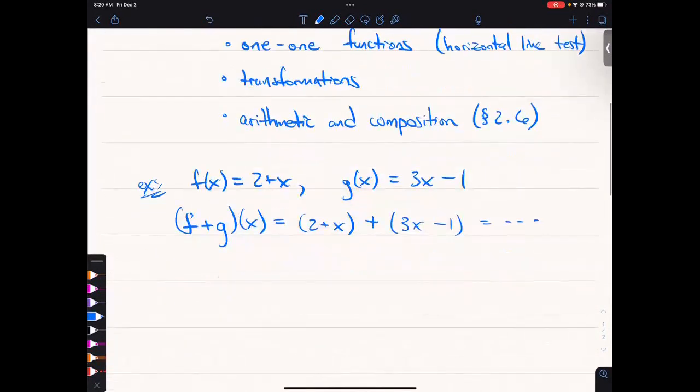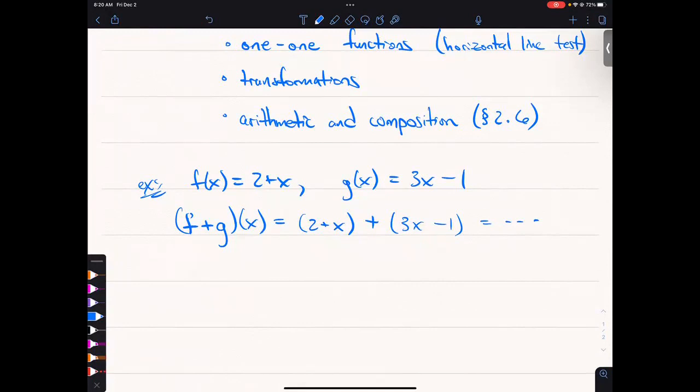And do whatever algebra you need to simplify, but you just do whatever it tells you, right? This says add f and g, so we're defining a new third function called f plus g, and what it does is take f and g and add them together.